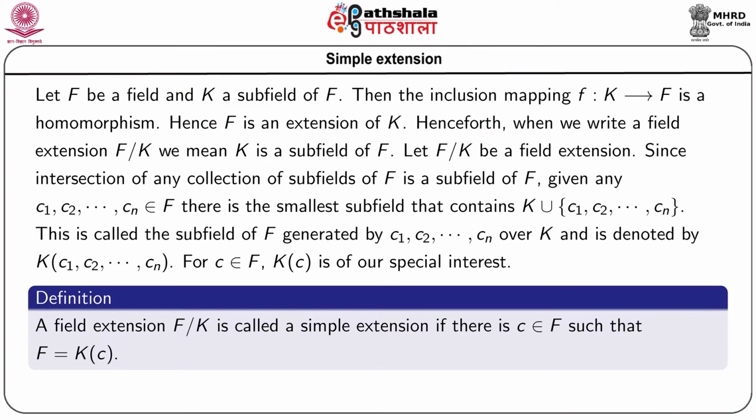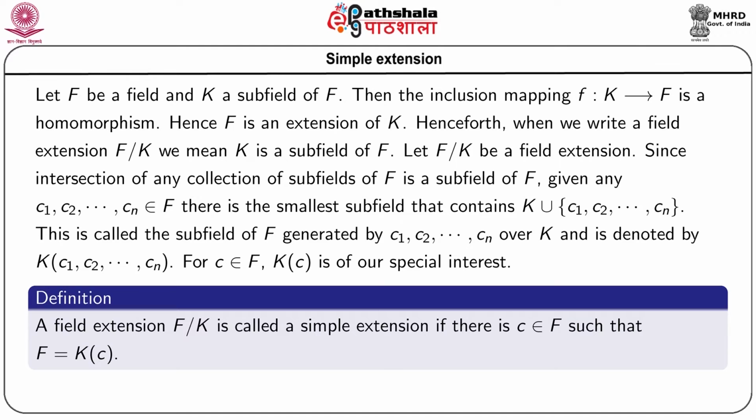Since the intersection of any collection of subfields of F is a subfield of F, given any n elements c1, c2, ..., cn of F, we can find the smallest subfield of F that contains K as well as all of c1, c2, ..., cn.